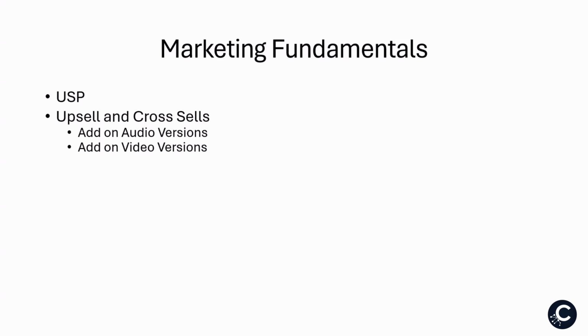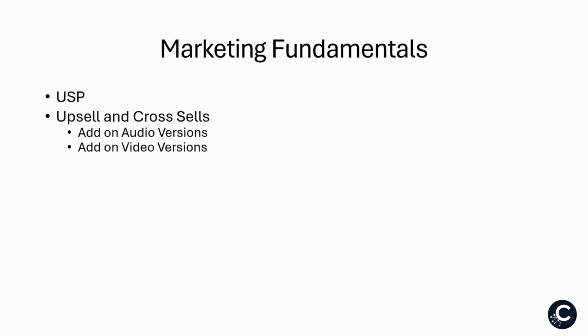Also, you can add on a video version. Now, that's beyond the scope of what we're going to be talking about here tonight. But if you have an AI creation system where you can create videos, such as Pictory.ai, that system already has ElevenLabs inside of it.